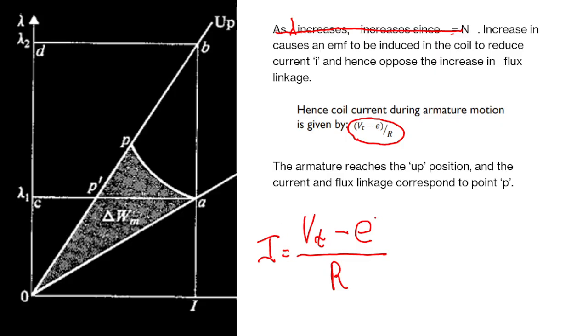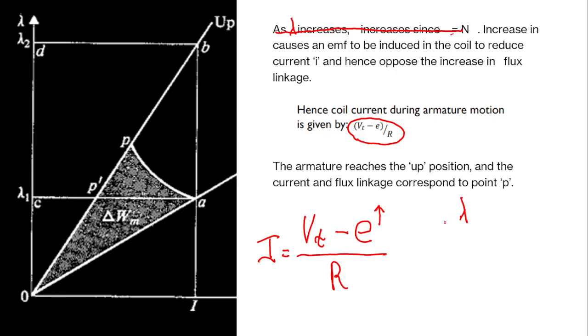So what this means is, initially as the armature starts to move, the flux linkage will gradually start to increase, and while it starts to change, it will induce E. And as it continues to move, the value of E will keep increasing.